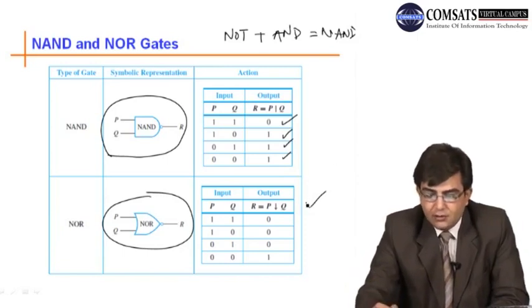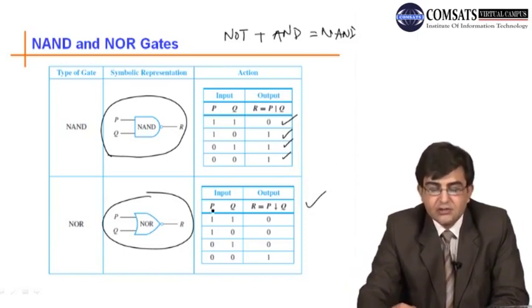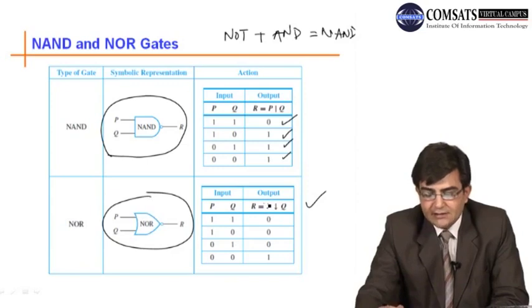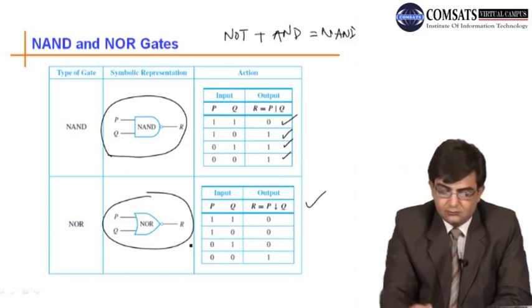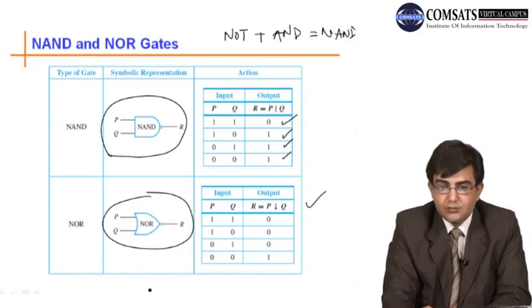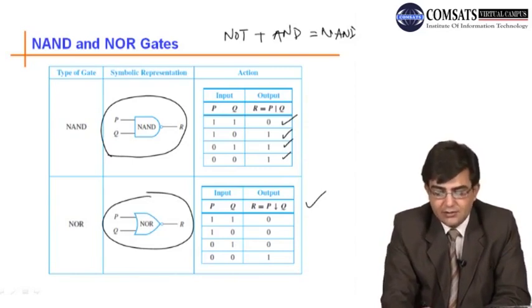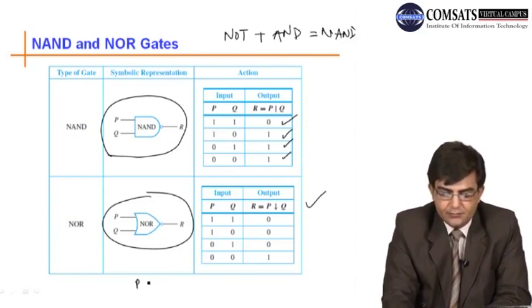The truth table for this NOR gate has the inputs P, Q as 11, 10, 01, 00. We write P Pierce arrow Q, which is basically 0 when both of these are 1. You can draw the truth table yourself, as P Pierce arrow Q is logically equivalent to not (P or Q).